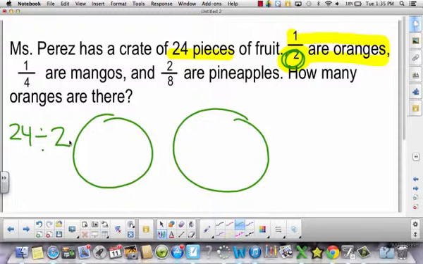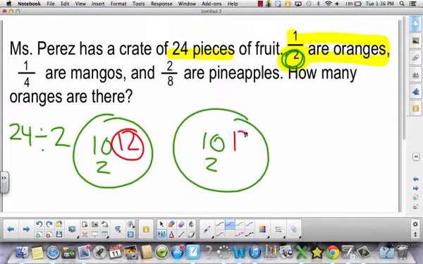If I didn't know that, I could go ahead and put 1, 2, 3, 4, and keep going all the way until I had given out all of my fruit, or I could use a safe number by putting 10 in each group. If I do 10 and 10, that's 20. I have 4 left to give out, meaning I can give 2 more to each group for a grand total of 12 per group.